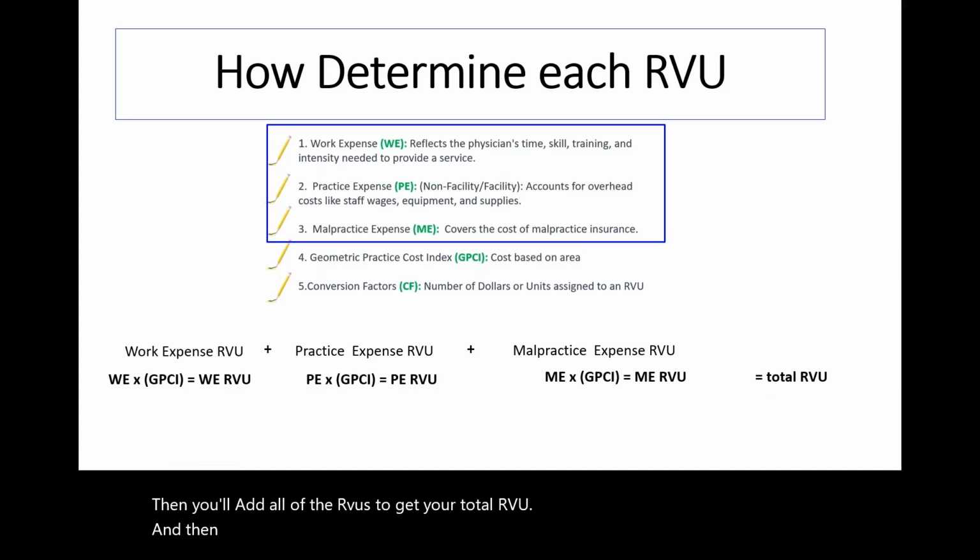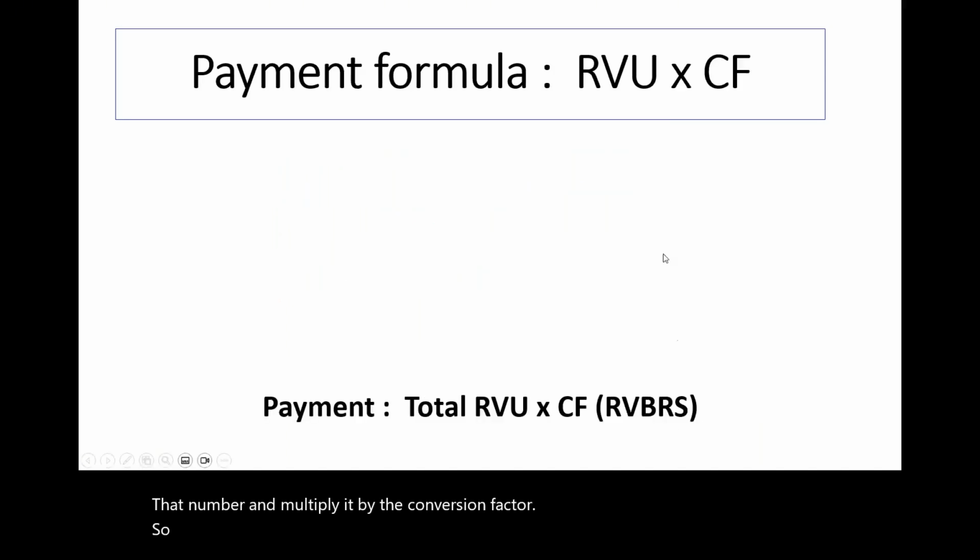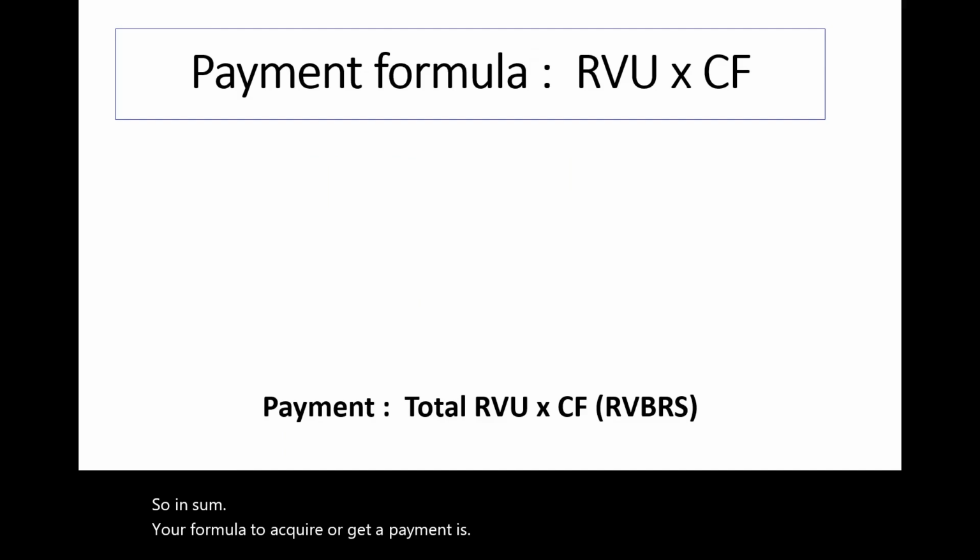And then you take that number and multiply it by the conversion factor. So in sum, your formula to get a payment is your RVU times the conversion factor. And that will give you your RBRVS.